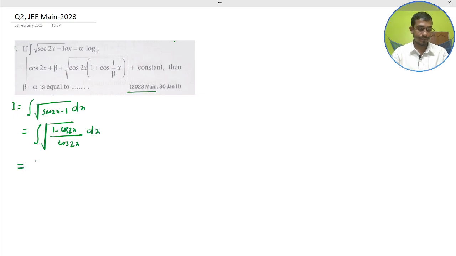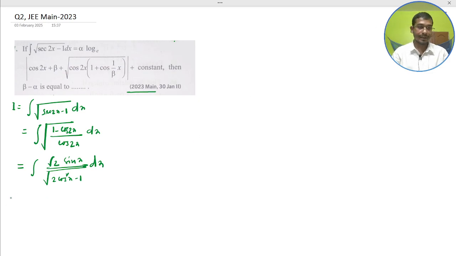Now the integration of root 2 sin x divided by root over of (2 cos square x minus 1), and that is the dx as it is.